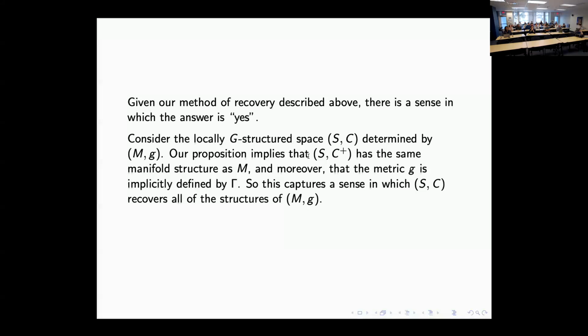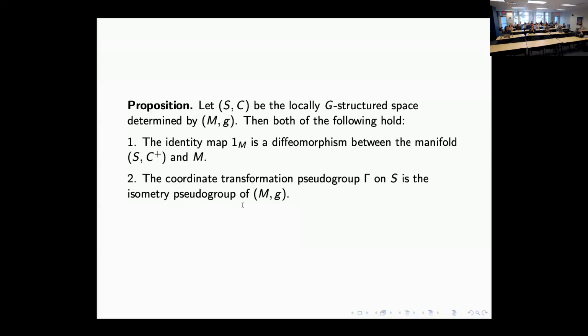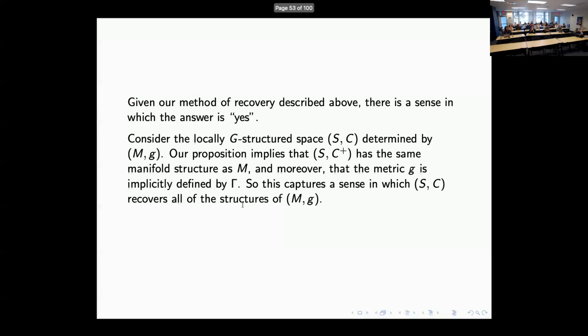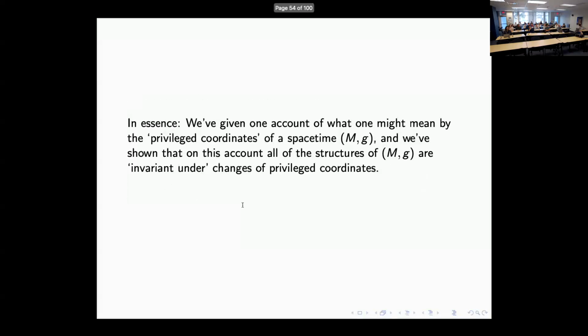How do I know that? The coordinate transformation pseudogroup gamma is just the isometry pseudogroup of MG. So G is implicitly defined by gamma, and I recovered G as well via implicit definability. Okay, so this captures a sense in which my locally G-structured space SC recovers all the structures of MG. It recovers its manifold and it recovers its metric. Okay, so that's the yes answer.